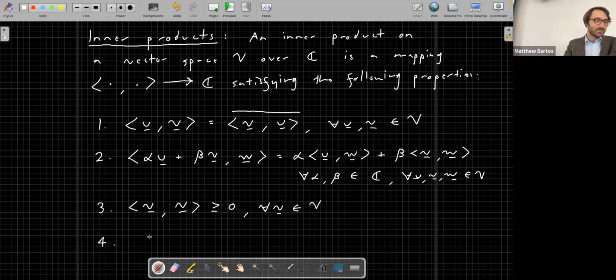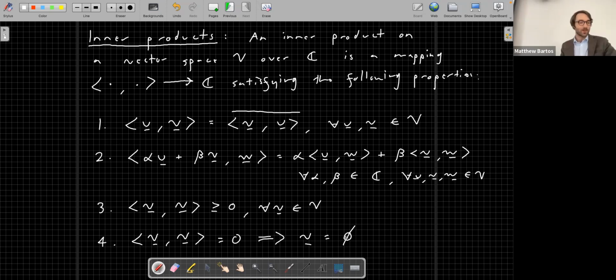And the fourth property, as you may guess, is that if you take the inner product of a vector with itself and it's equal to 0, that implies that v is the 0 vector. Okay, so that is positive definiteness. It's the same as for norms, right? Great. So those are the properties that need to be satisfied to have a valid inner product.